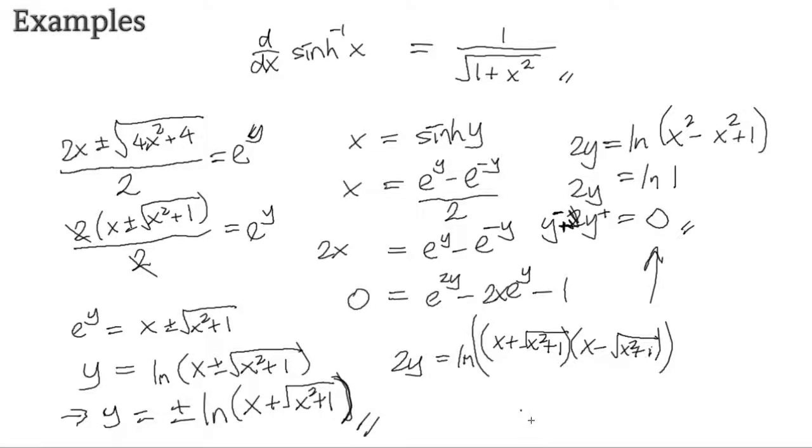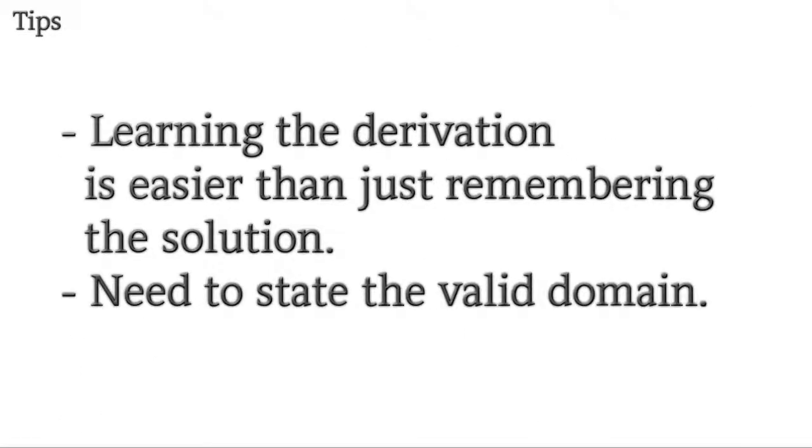so bear with. For tips, I think for hyperbolics, just for this particular sine and cos, learning the derivation for the algebraic expression is a lot easier than remembering the solution, given that you have some natural log of some value plus a square root. It's just too much combination of stuff.